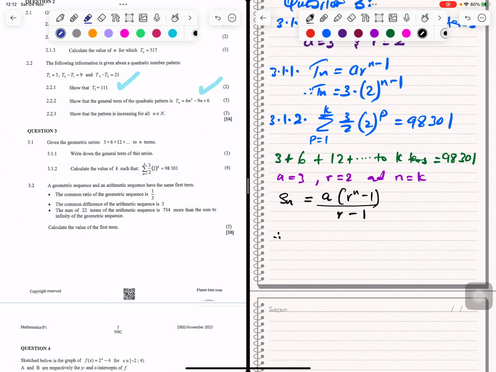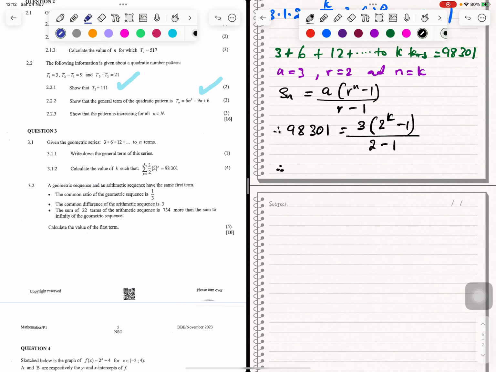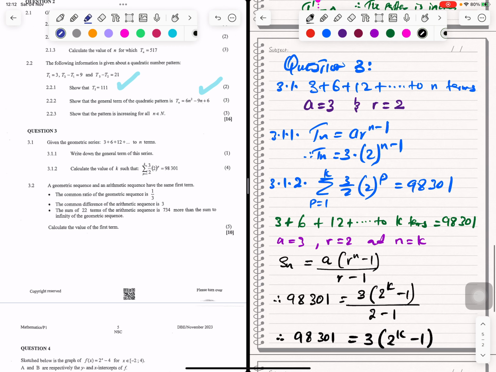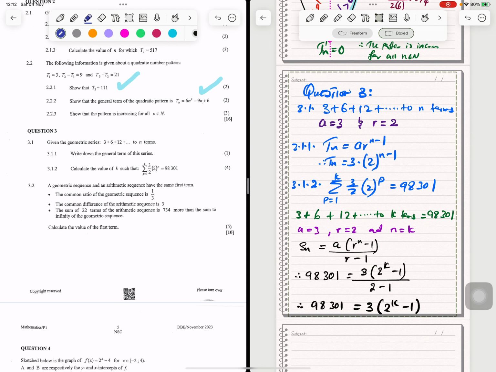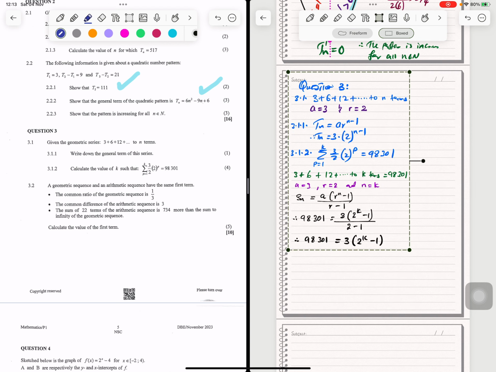So the sum, 98,301, equals the first term, 3, into 2 for the ratio to the power n, where n is k, minus 1, divided by r minus 1, where r is 2. So 2 minus 1 is 1, and you have 3 into 2 to the power k minus 1. Because I don't have enough space here, I'm just going to squeeze this.